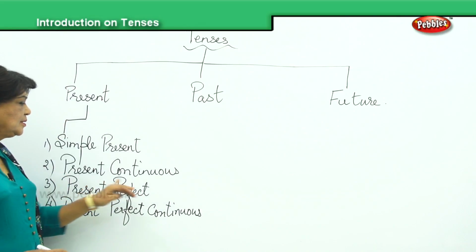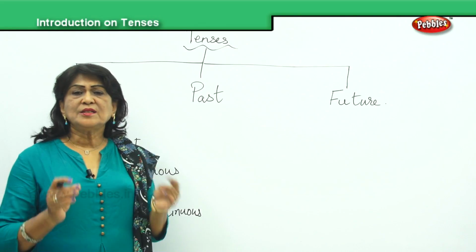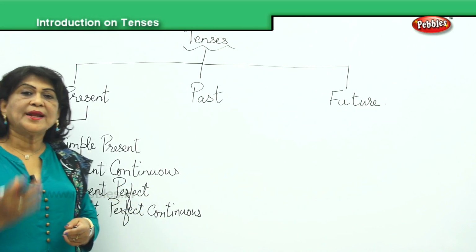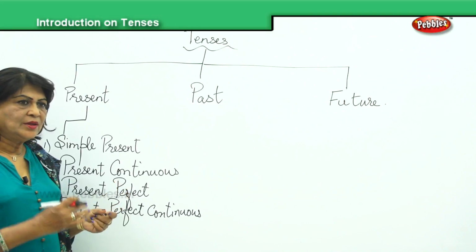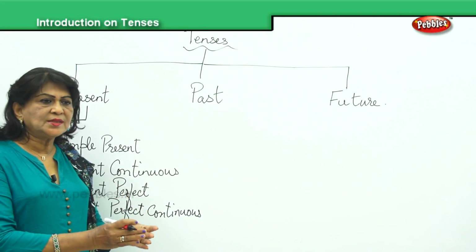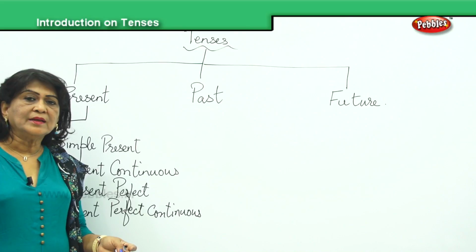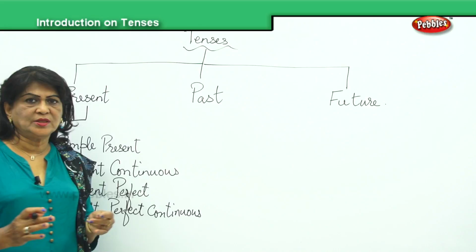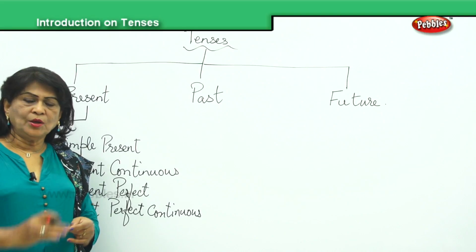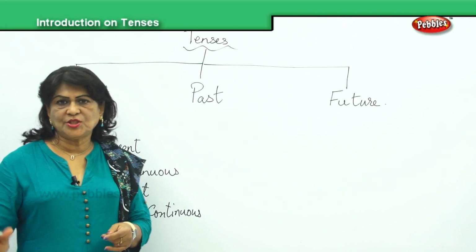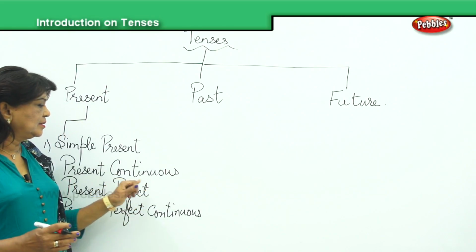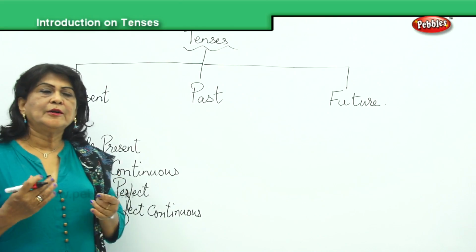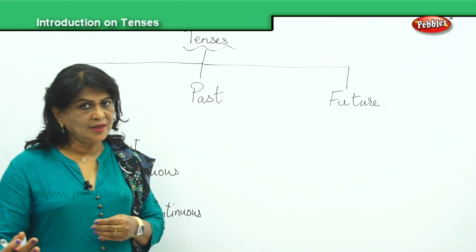Okay? Present continuous. Continuous means progressive. It can also be called the progressive tense. That is, some action which has just started, it has not ended. There is no pause for that action. It is still continuing, or it is still in progression. That means present continuous tense, like I am eating.